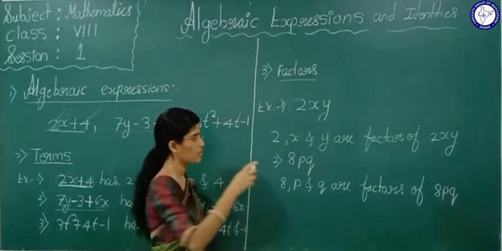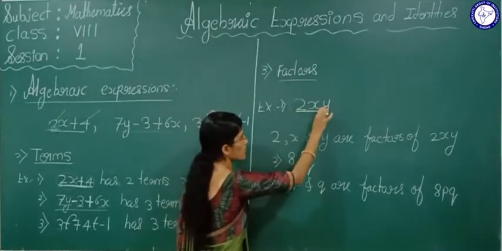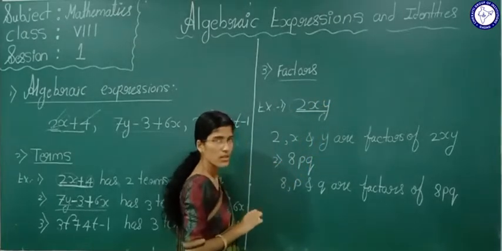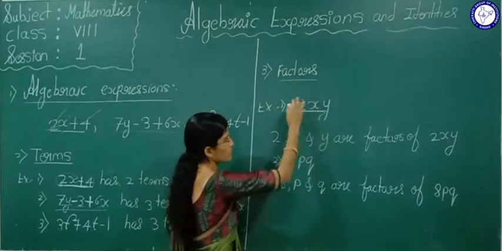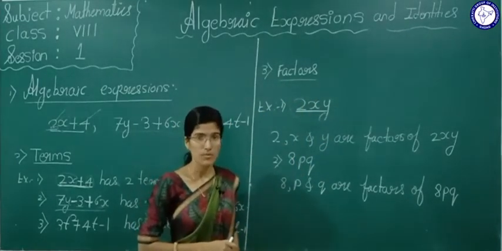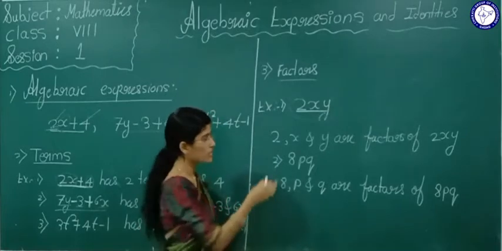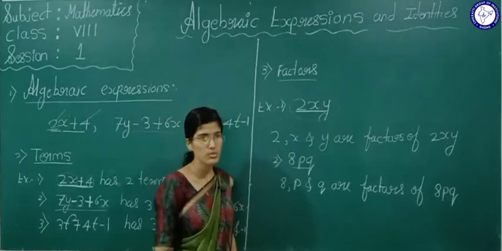Yes or no? Now see here, multiply 2 into x into y. If you multiply, this becomes nothing but a term. With these factors only we are getting a term of the expression.